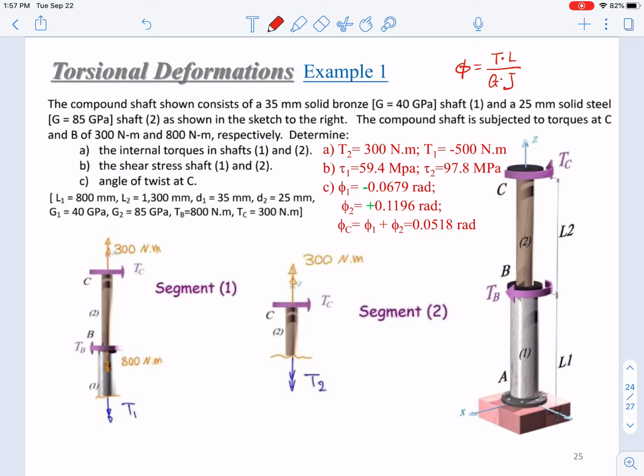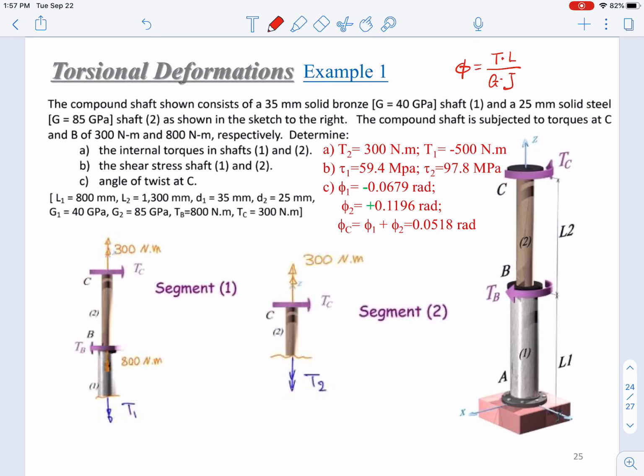This example looks very similar to our first example in axially loaded element deformation. In that case, we had a two-section column, and here we have a two-section torsional element, a shaft. It's a compound shaft consisting of a solid bronze shaft 1 and a solid steel shaft 2, as shown in this sketch.